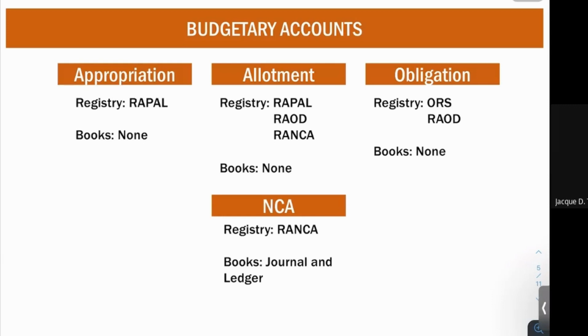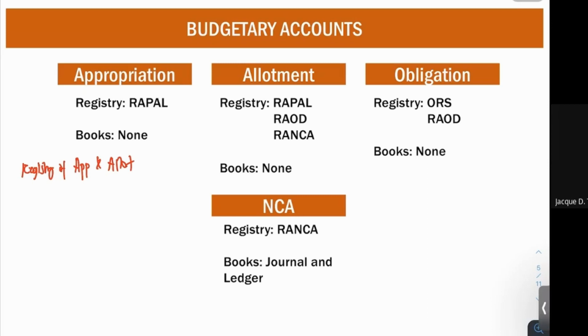Important here is every time there is an appropriation, look for the words that there are appropriations. So we will lay out the registry again. Registry of appropriation and allotments. Next, we have your registry of allotments, obligation, and disbursement.